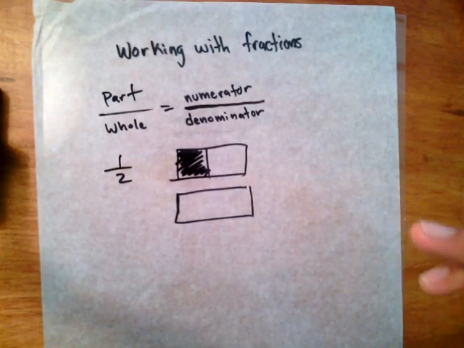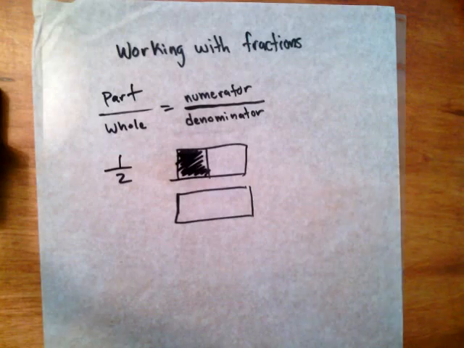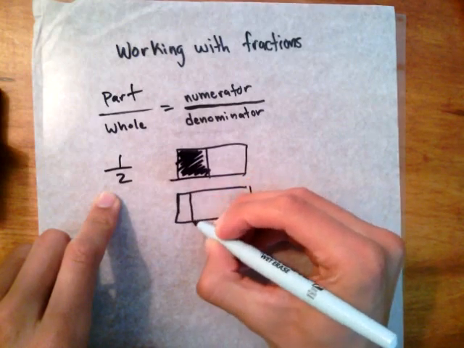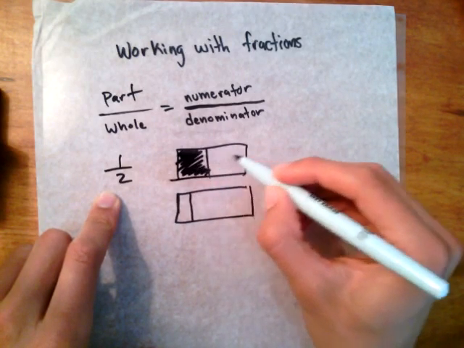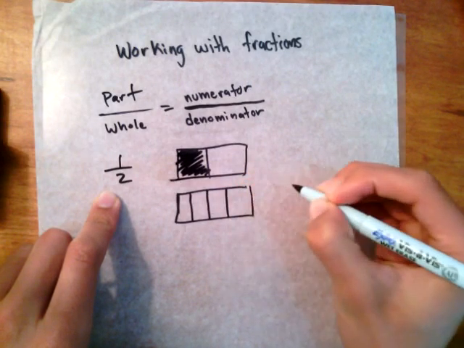So for something to be equivalent, that means that they are equal, essentially. They describe the same thing. So imagine, instead of having this rectangle broken up into two equal portions, how about I break it up into 4 equal portions now?